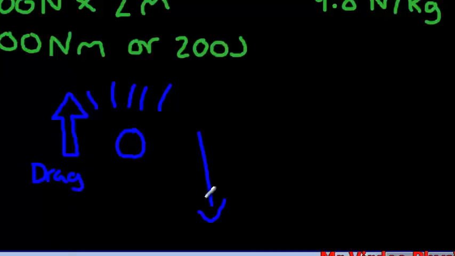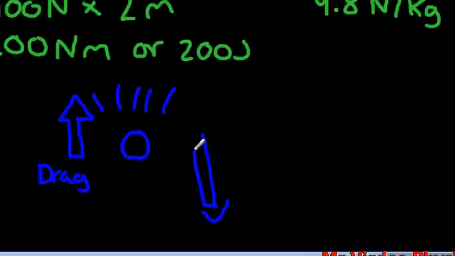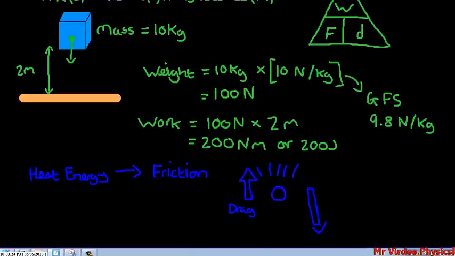And we may have the force over here, which is going to be the gravity component, or the force of gravity, which is causing it to fall in the first place. So that drag force slowing it down is causing work to be done, and that work is as a result of friction. Heat energy is being transferred.